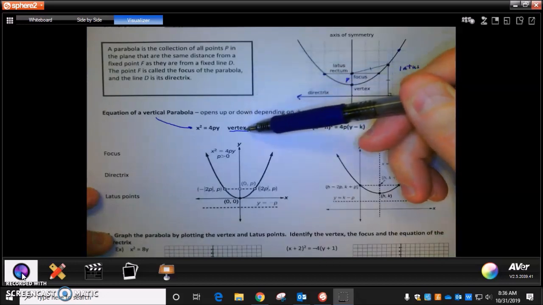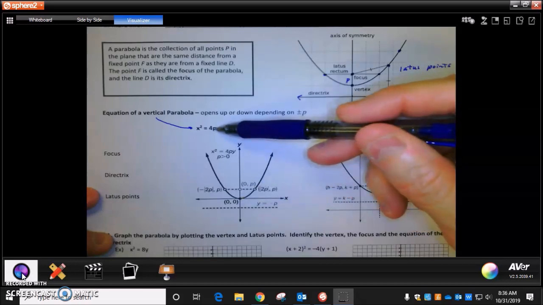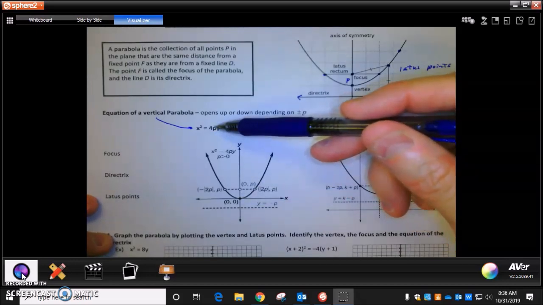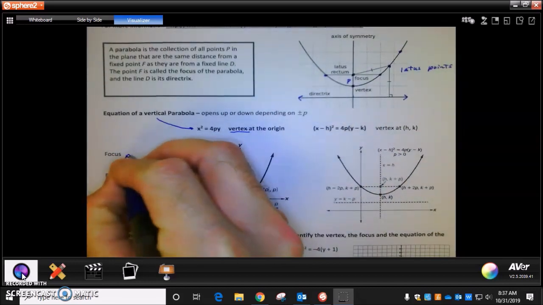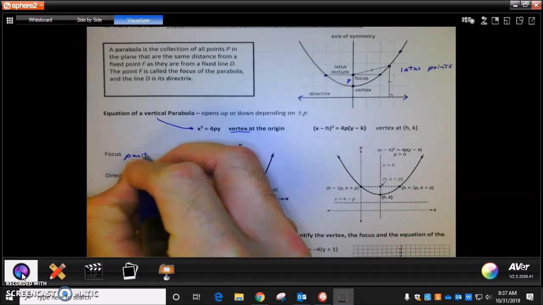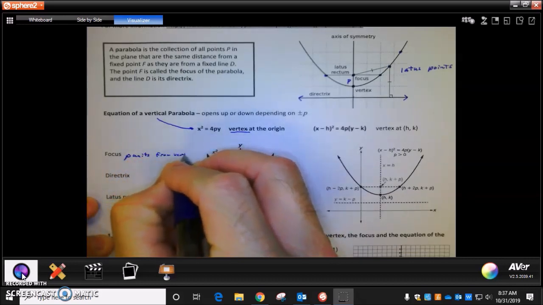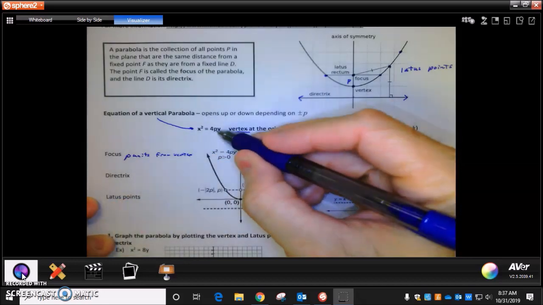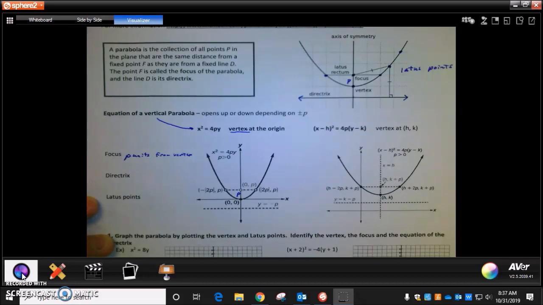You need to know where the vertex is, in this case it's 0, 0, and then you need to know what that p value is, because that p value tells you everything else. Okay, your focus is going to be p units from the vertex. Okay, so once I know what that number is, I'm going to go up that amount, and that's p.